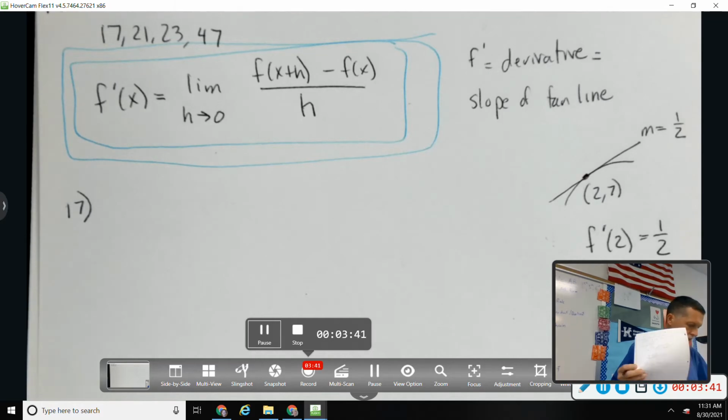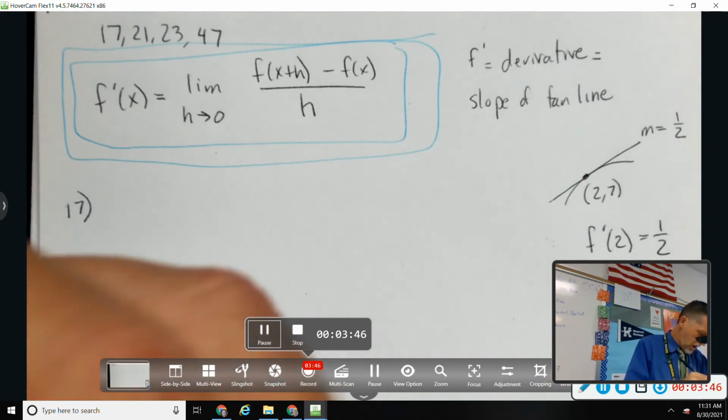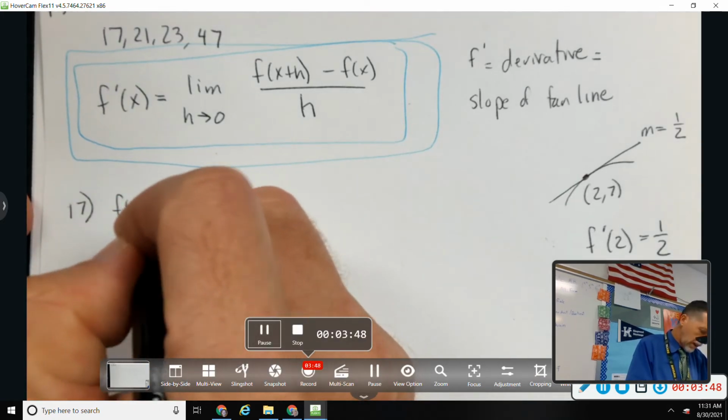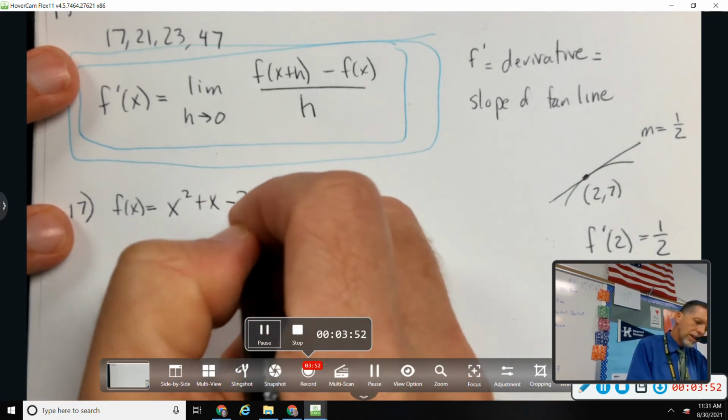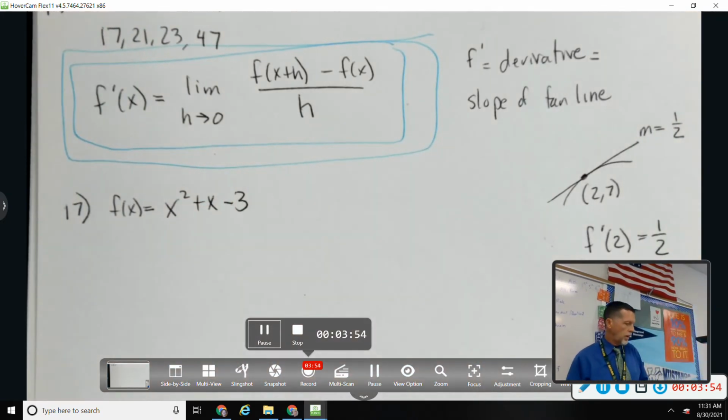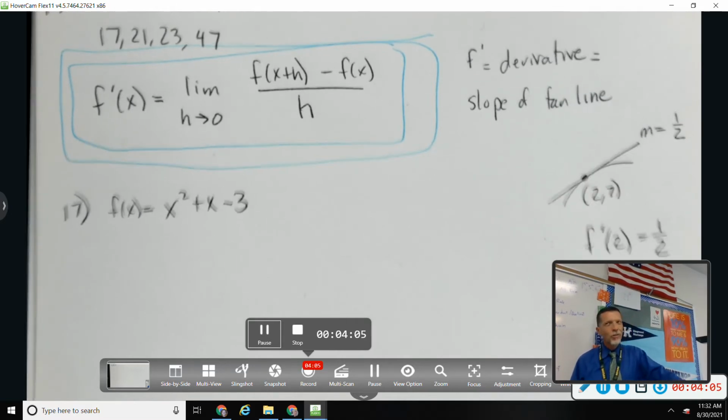So number 17. f of x equals x squared plus x minus 3. And the directions say, find the derivative of the function by the limit process. Okay, it specifies because even though we haven't gotten there yet, the book author knows there's a shortcut coming.